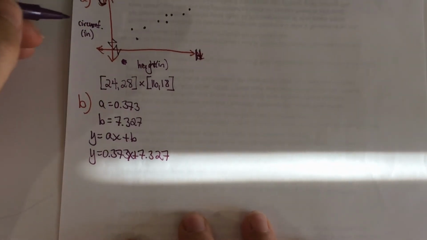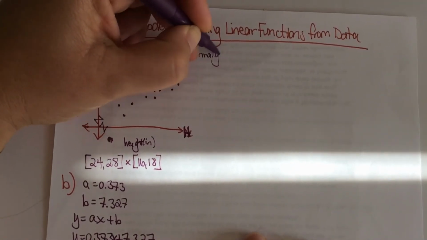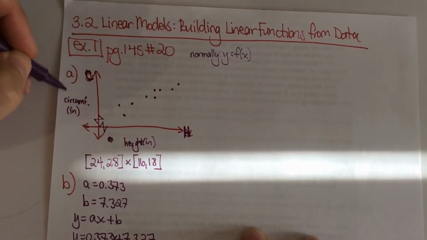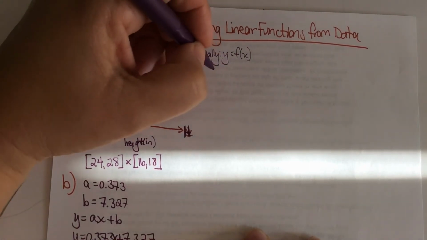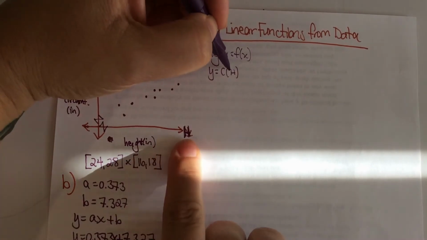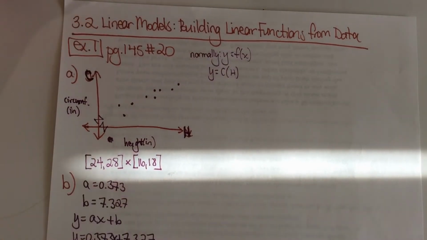So the function notation, normally we say y equals f of x, right? Well, this is a function in terms of c and h. So we're going to go y equals c of h. The x value is h in this problem. And the y value is c.